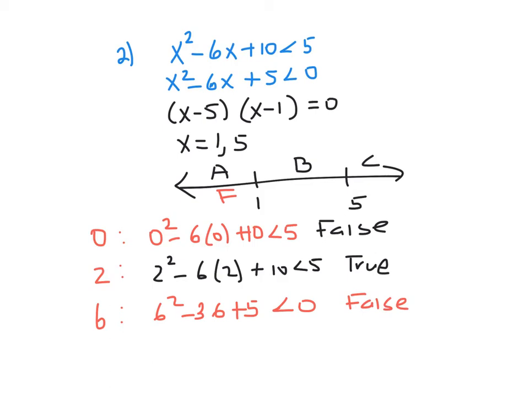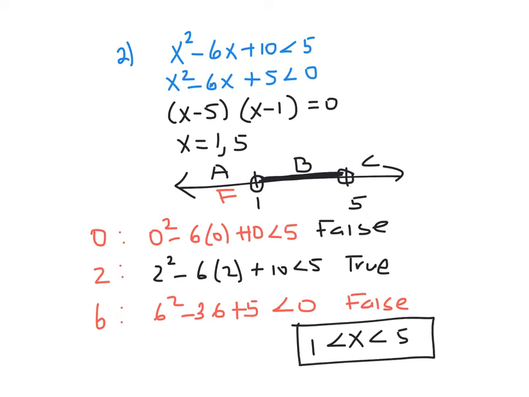What does that mean? Remember it's less than, so these numbers are not going to be included, and the region in the middle is where my solution is. So my answer is x less than 5 and greater than 1. So that is the answer.